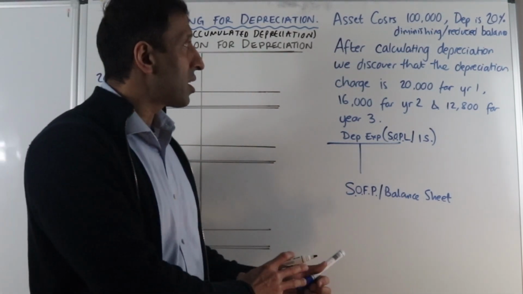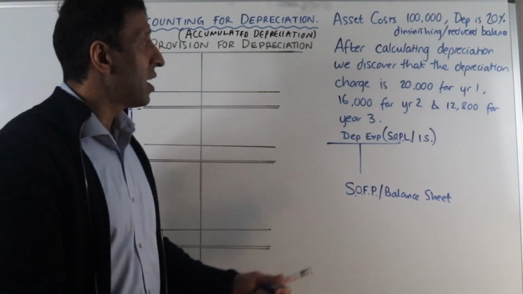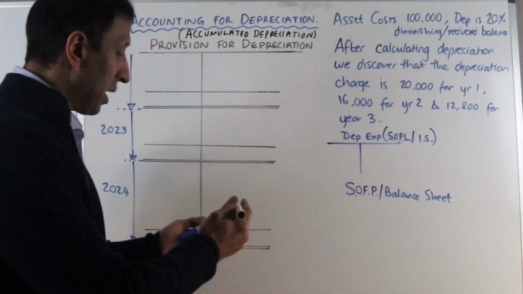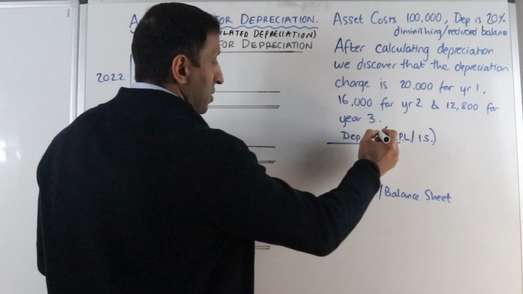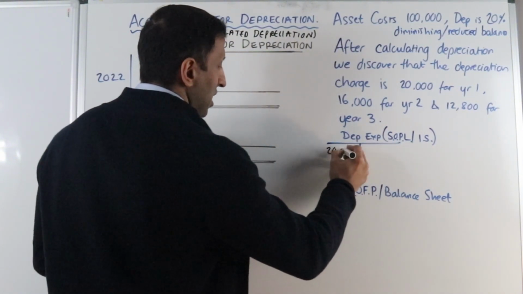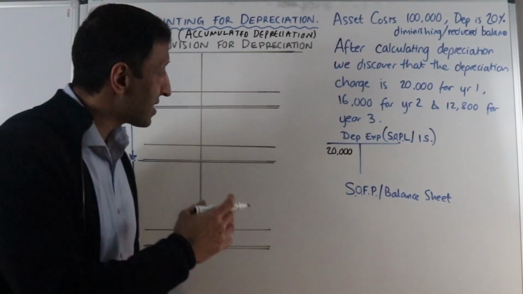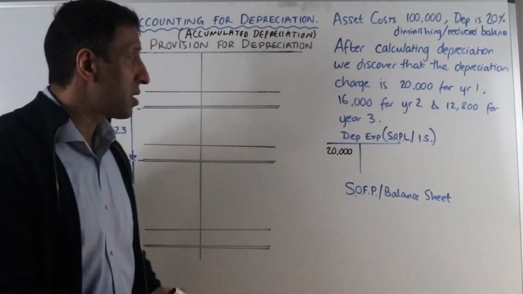But if we had the £100,000 non-current asset from the beginning of the year, and we depreciated 20%, the first year's depreciation charge will be 20,000. And how do we account for that? Well, we're going to debit the depreciation expense account, because depreciation is the loss in value, cost or expense, and we know from our double entry rules that we debit expense accounts.